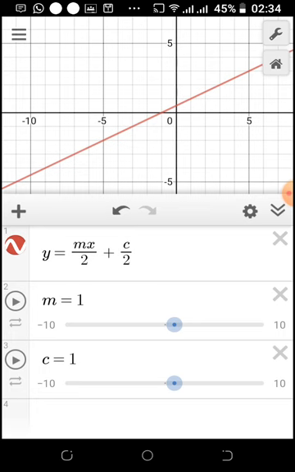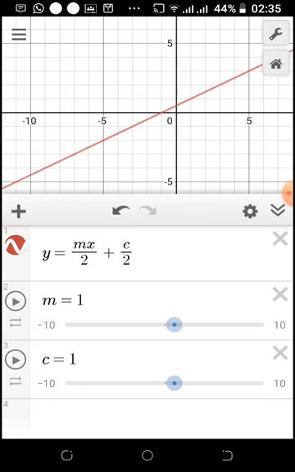Okay, and 1 is divided by 2. It's cutting y at half. It's cutting the y-axis at the value of c divided by 2, which is 1 divided by 2. Okay, so let me move the value.